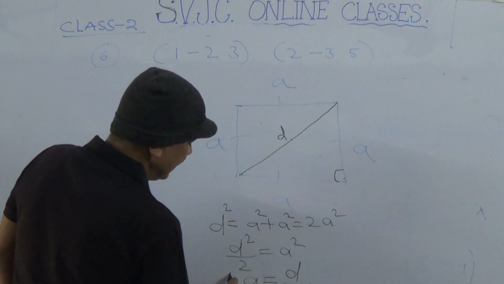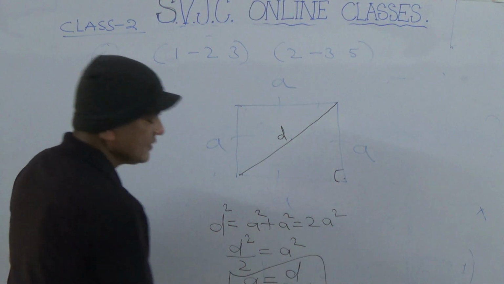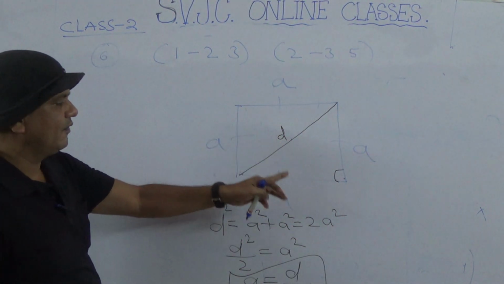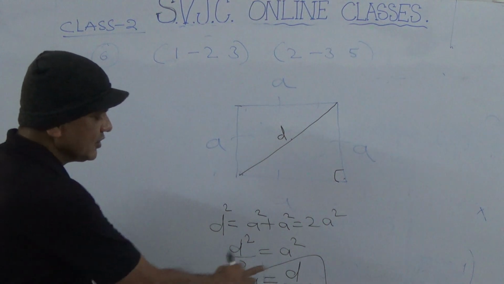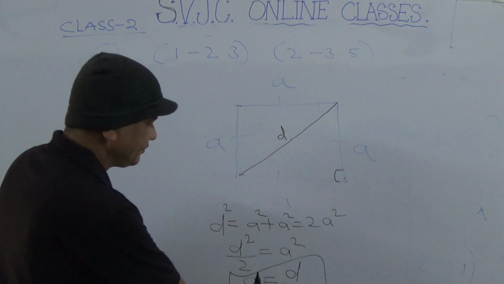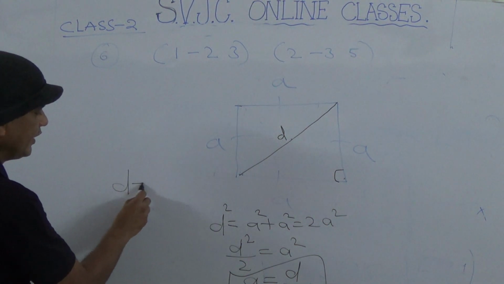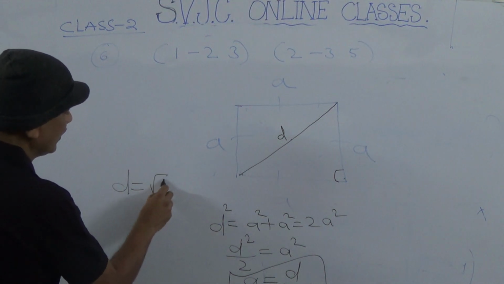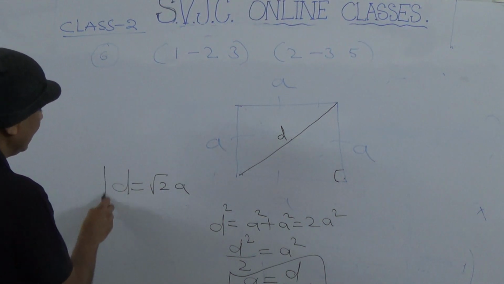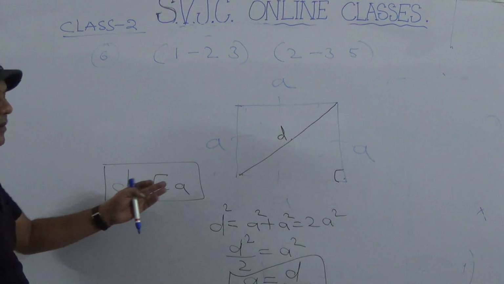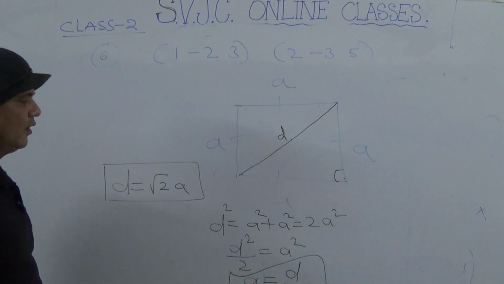So this is the relation between the length of the side and the diagonal: a is equal to d by root 2, or d is equal to root 2 times a. The length of the diagonal is root 2 times the length of the side.